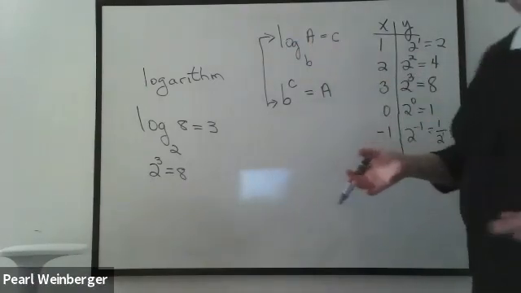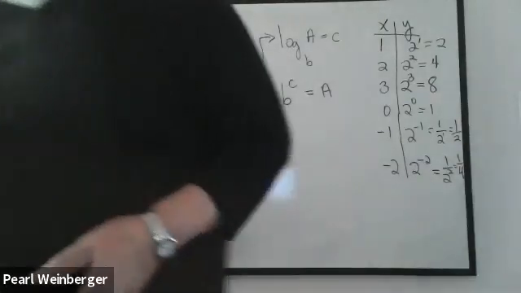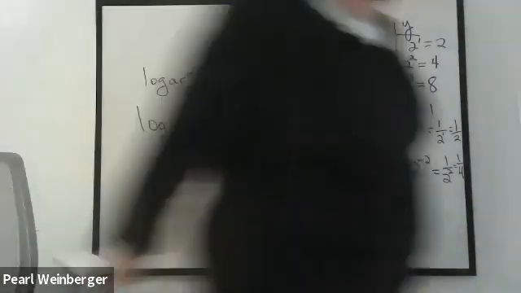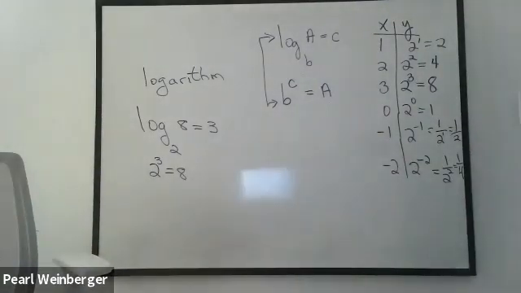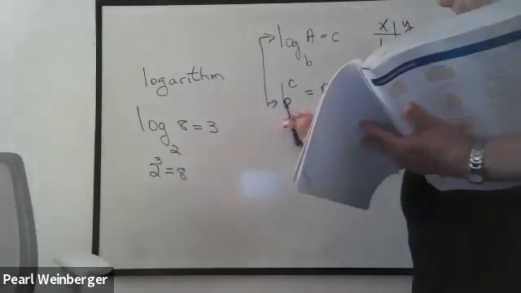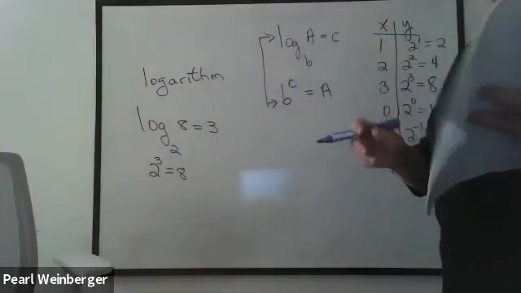Now, one of the first things that you have to do is be able to change from logarithmic form to exponential form, or from exponential form to logarithmic form. Usually what we do is we change from logarithmic form to exponential form because we're more familiar with exponential form than we are with logarithmic form.